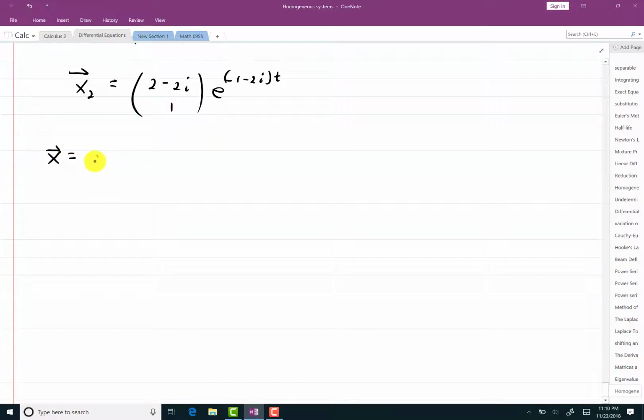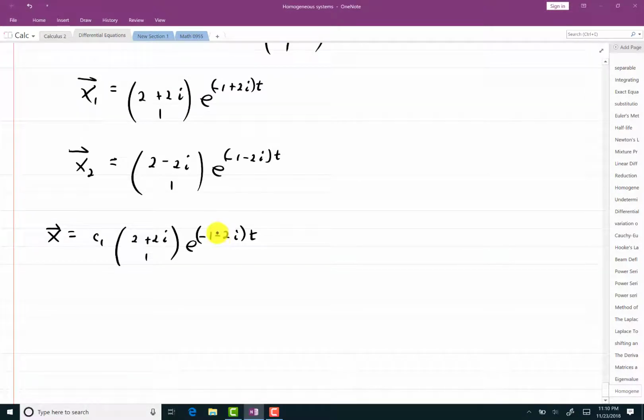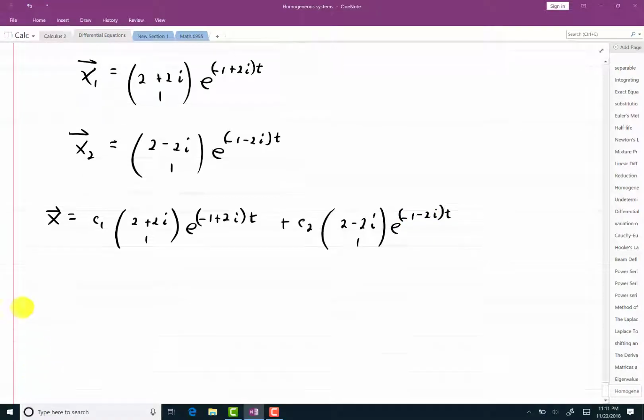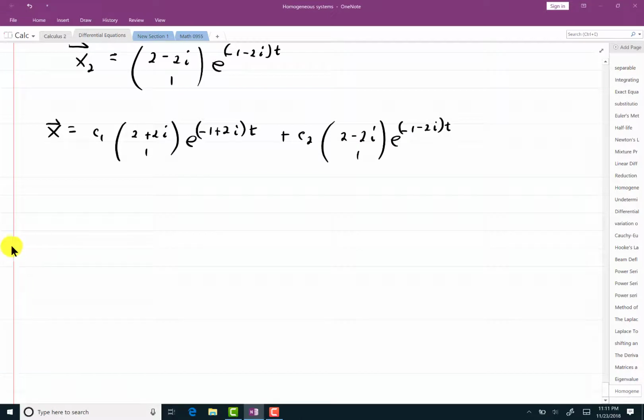X equals C1 times 2 plus 2i, 1, times e to the -1 plus 2i t, plus C2, 2 minus 2i, 1, e to the negative 1 minus 2i, t. Now one thing I'm going to do is you'll notice that I can break this up here.